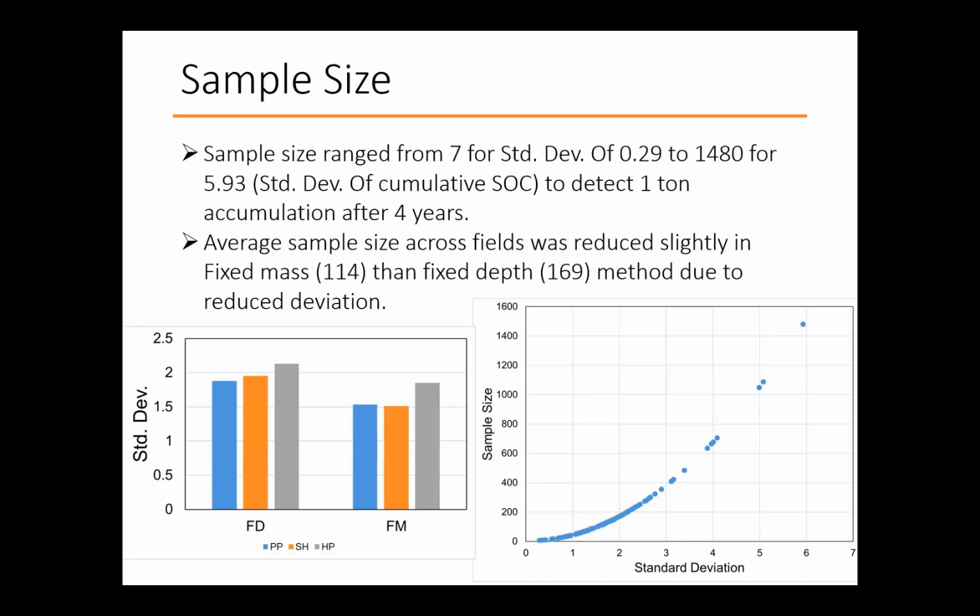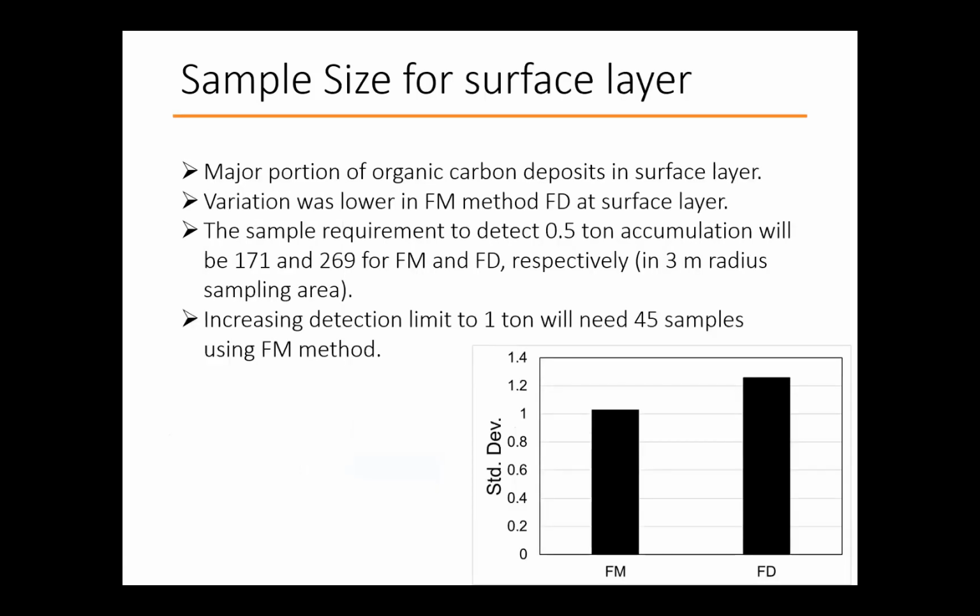This is not for one layer. If somebody says that most of the carbon accumulation is in the surface layer, and we just look at that surface layer, the standard deviation is lower in the 0 to 10 centimeter layer, whether we do it with fixed soil mass or fixed depth.